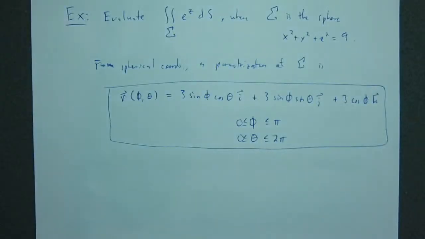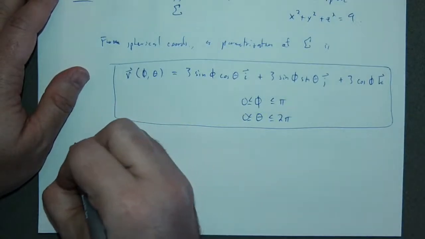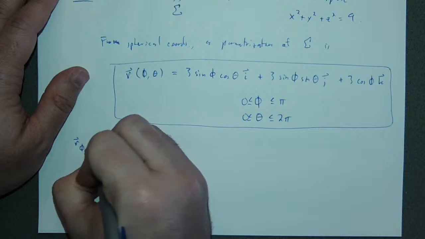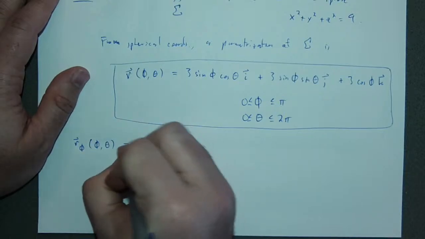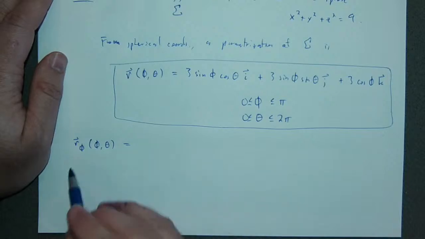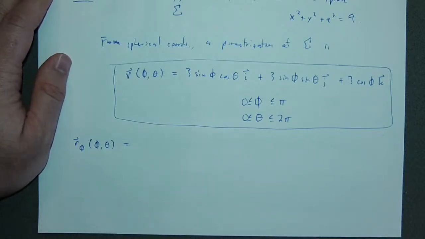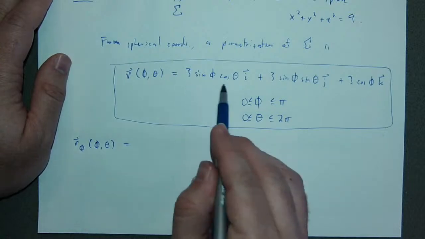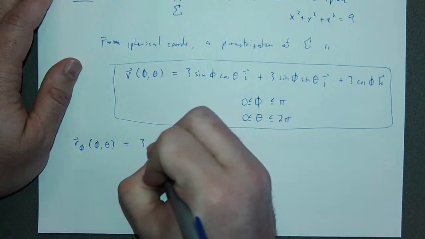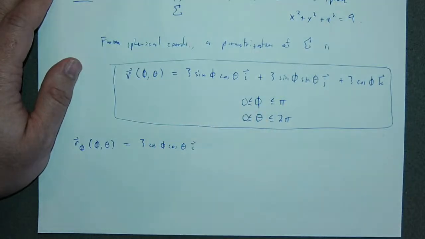This is a nice refresher on how this thing is computed. So first I compute r sub phi of phi theta. What is that? I'm taking the partial derivative of this parameterization with respect to phi. The derivative of 3 sine phi cosine theta with respect to phi is 3 cosine phi cosine theta i.